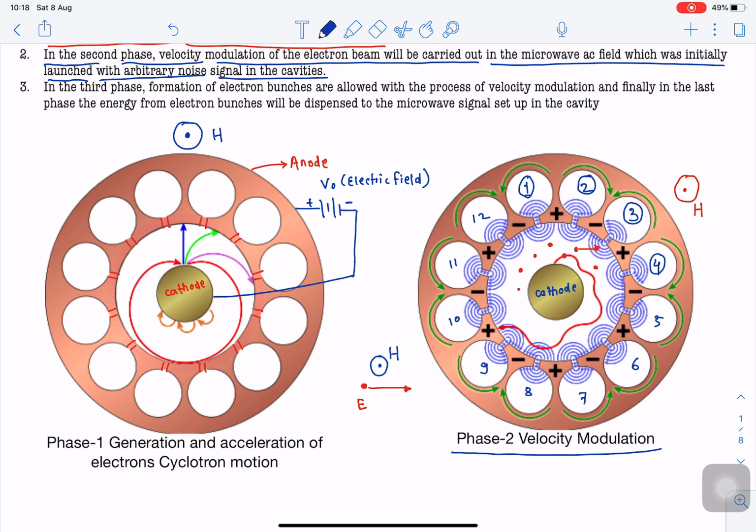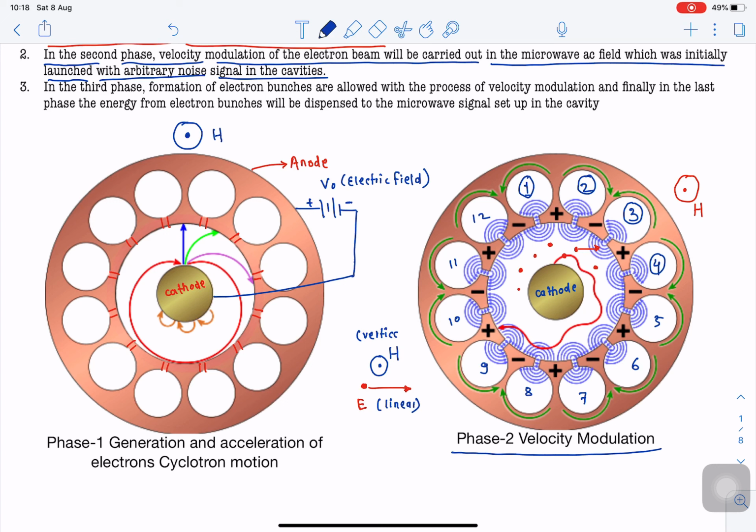So what will happen to this particular electron, which I have shown in red, when it is acted upon by the two fields? One field is linear, and the other magnetic field is vertical.